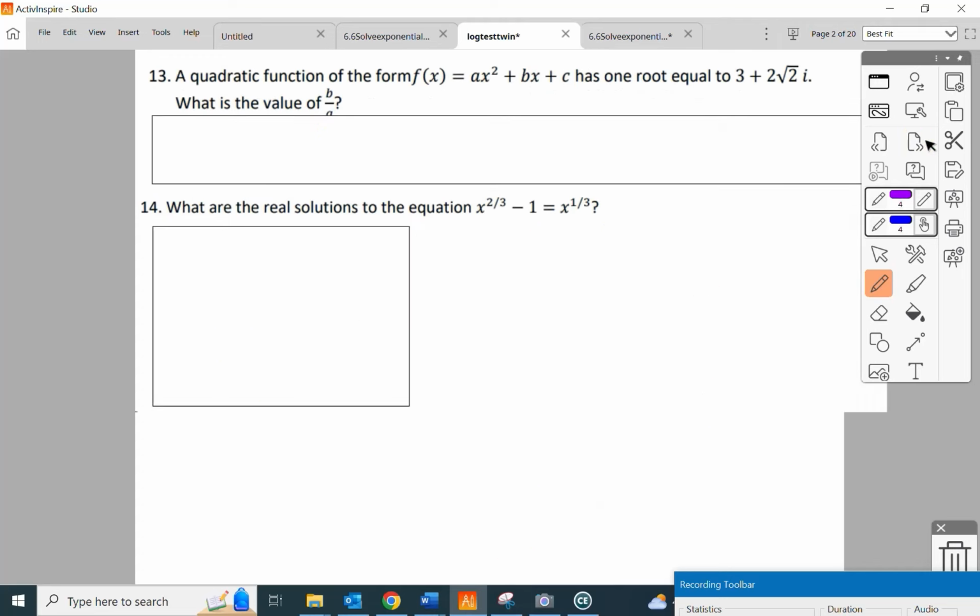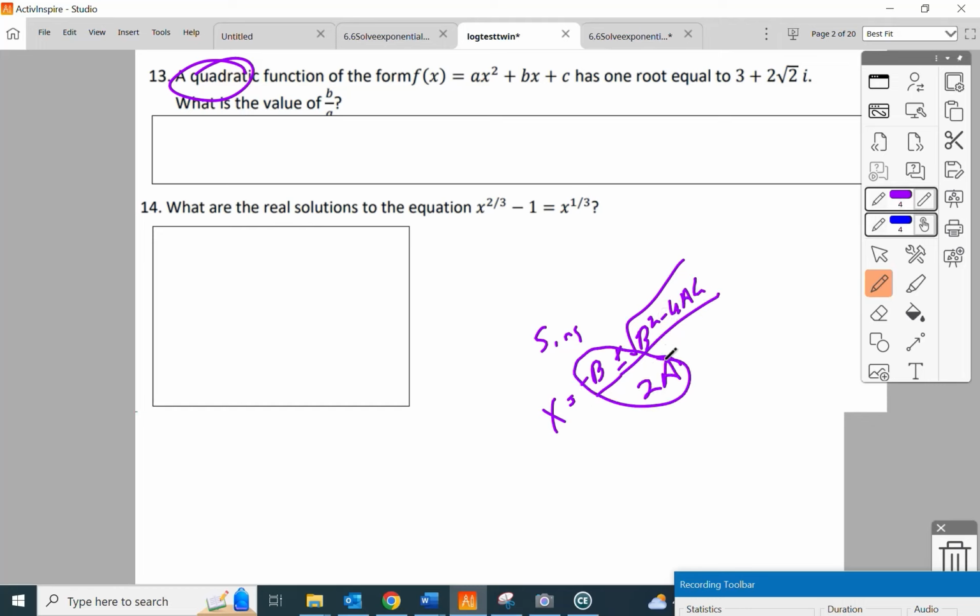Quadratic function in the form ax squared plus bx plus c. Every time that I hear the word quadratic, I literally sing in my head, x equals -b plus or minus square root b squared minus 4ac all over 2a. The reason I circled negative b over 2a is because of this. I know that this 3 is equal to negative b over twice a.